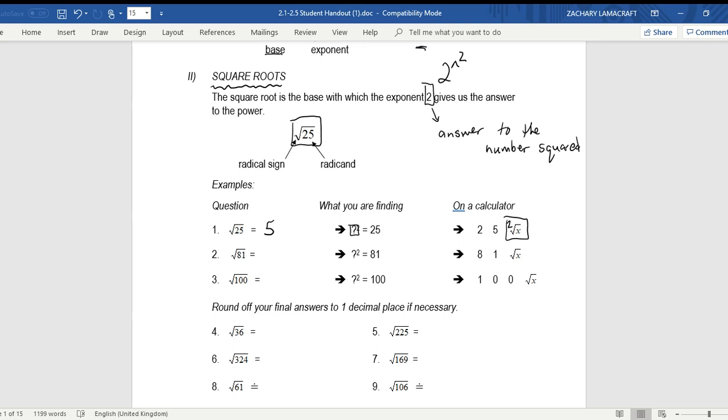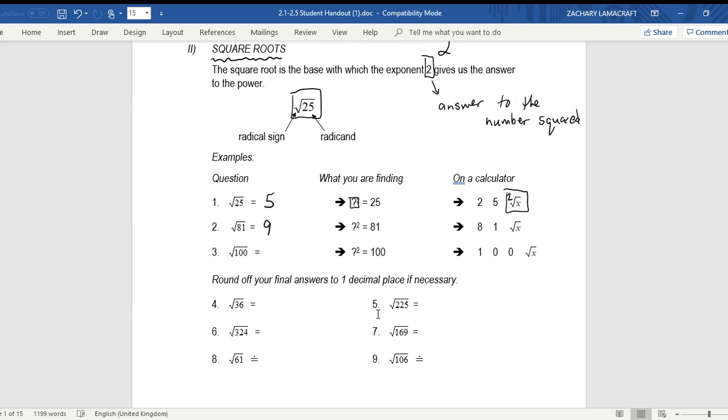All right. The next one, square root of 81. So we're trying to find a number that equals 81 when it's squared, and I would type in 81 and then that little sign on our calculator. So in this case, 9. For the next one, square root of 100, or what number squared equals 100?